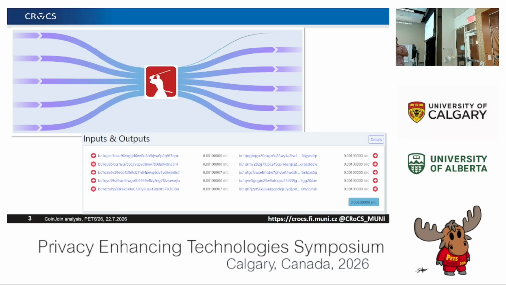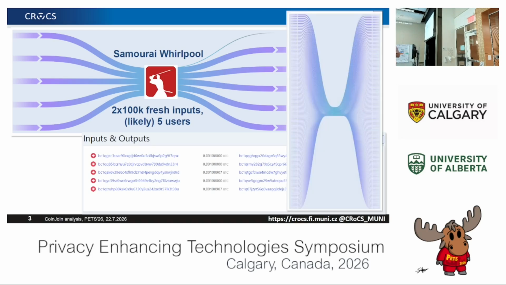This one is specifically from Samurai Whirlpool, which was a CoinJoin protocol design as well as implementation running for a long time. And we can also guess that likely there are 5 users here. These CoinJoins do have different designs. So you can have a design which is instead going for a very large number of inputs and outputs, in the order of hundreds.